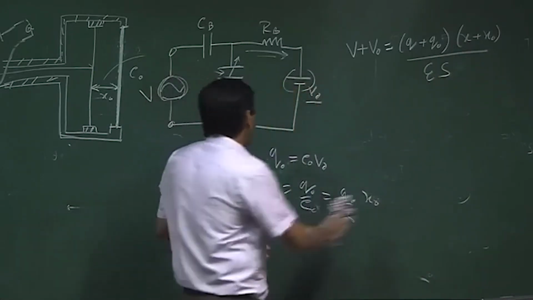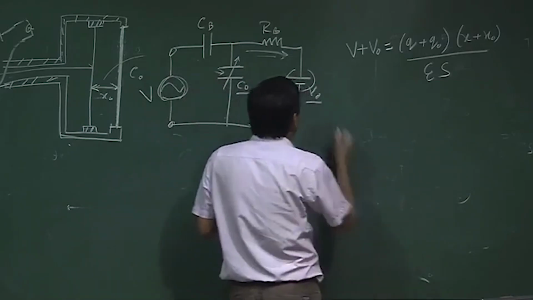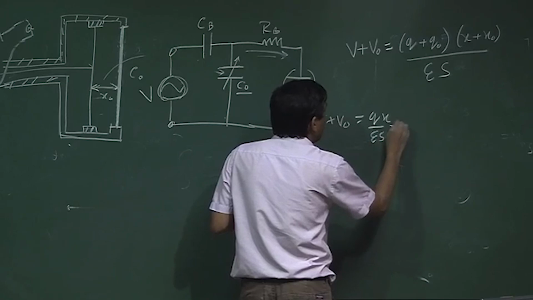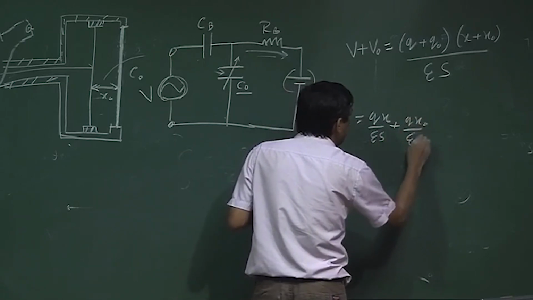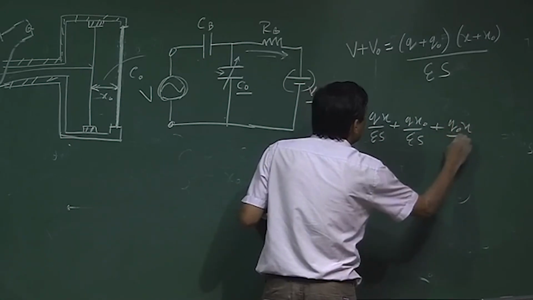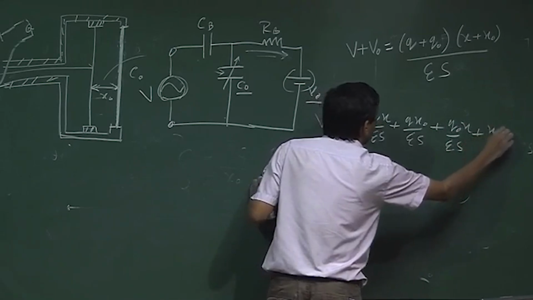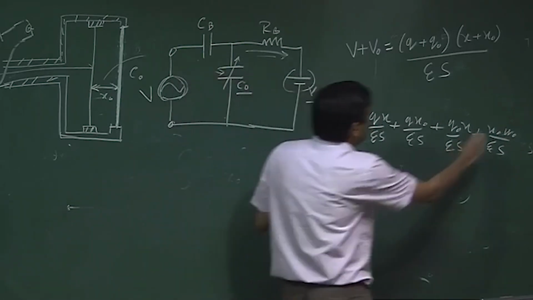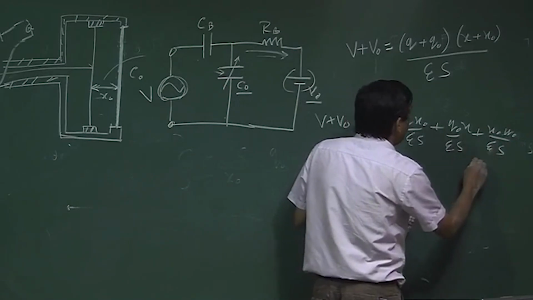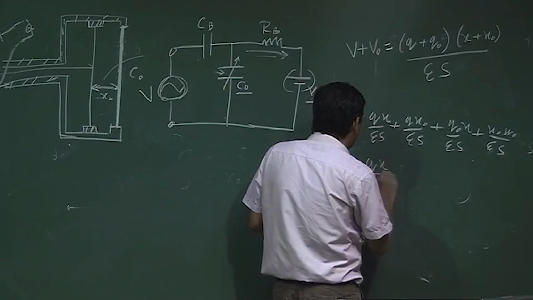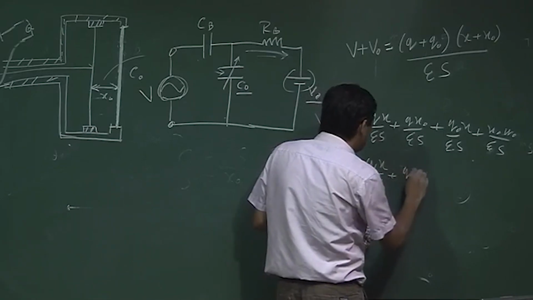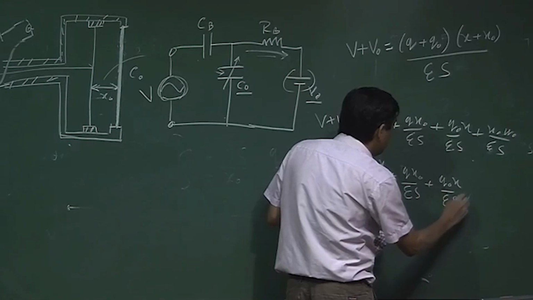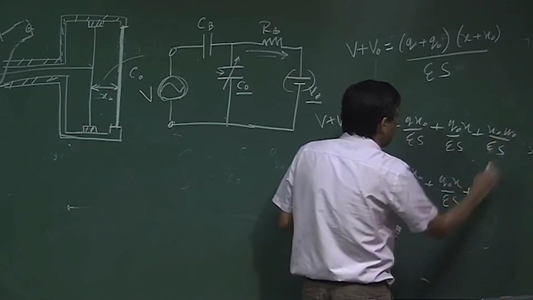Now, if I simplify this, V plus V0 is Qx by epsilon S plus Qx0 by epsilon S plus Q0 x by epsilon S plus Q0 x0 by epsilon S. Now, Q0 x0 by epsilon S is nothing but V0.